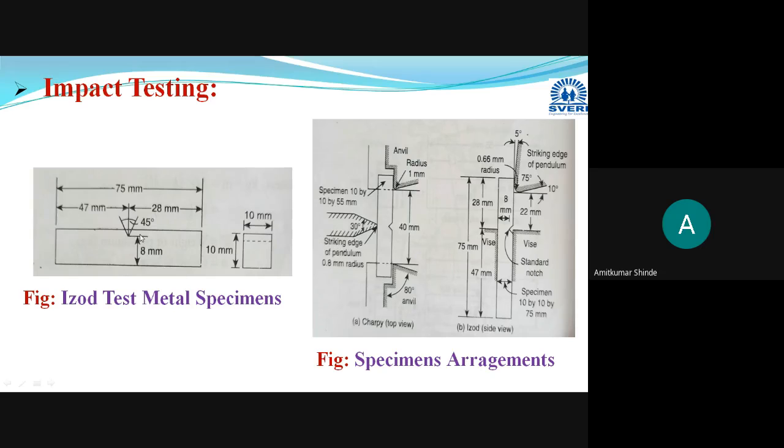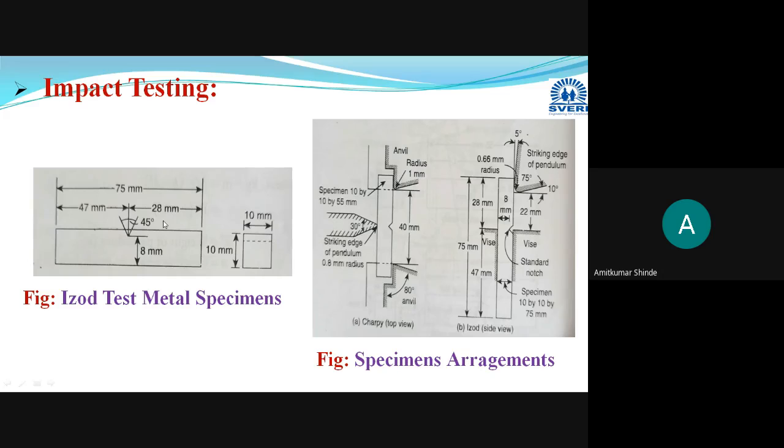Its dimensions will be 10 millimeter thickness, 10 millimeter width, and 75 millimeter length. The notch will be present at a distance of 47 millimeter from one corner, and 28 millimeter from the other corner.